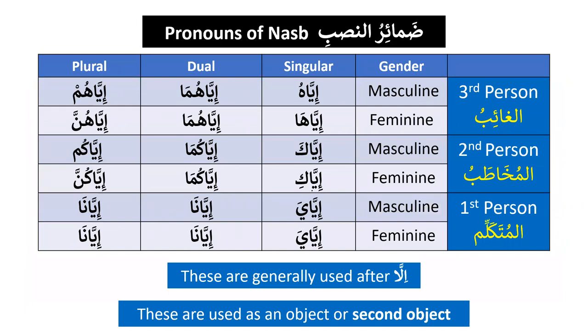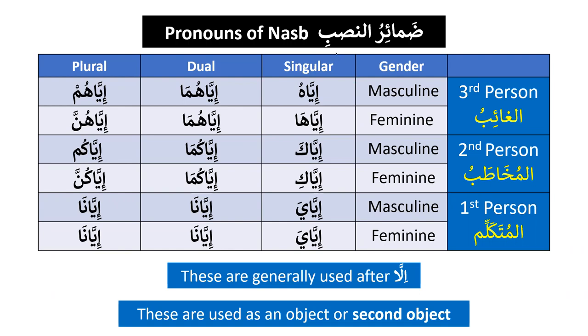This might be new, not necessarily, but these are called damair nasbi, pronouns of nasb. The first ones that we discussed, huwa, huma, hum, they are damair raf'i. And the second ones that we discussed, they are mansub and majroor. And the ones that we can see over here, they are always used as pronouns of nasb, damair nasbi.